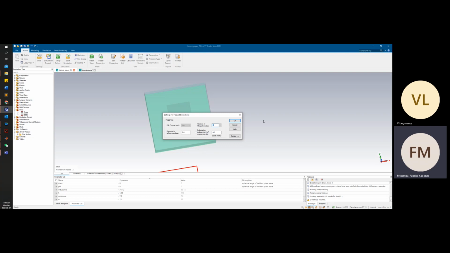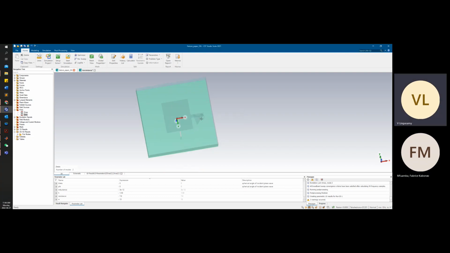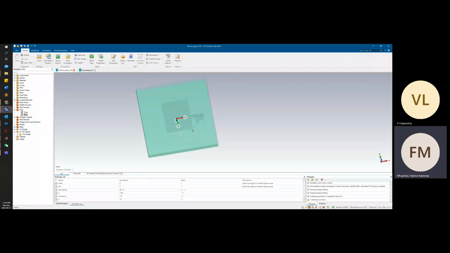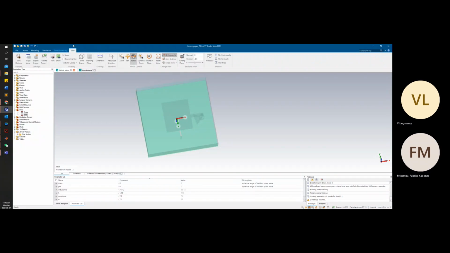Zoom out. There are four arrows, right? You can press that button to zoom out on the unit cell, at the bottom of the tool.